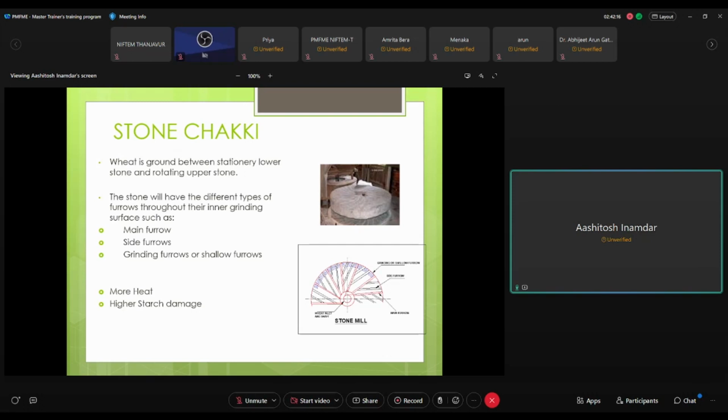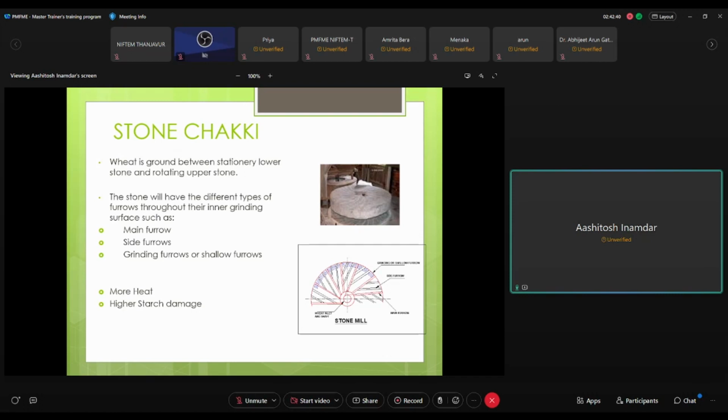Because of this heat, you cannot just pack the flour produced there. Otherwise, condensation will form and lumps will happen. So it has to be cooled before you pack it. One more advantage of the stone chakkis is we get very good starch damage.